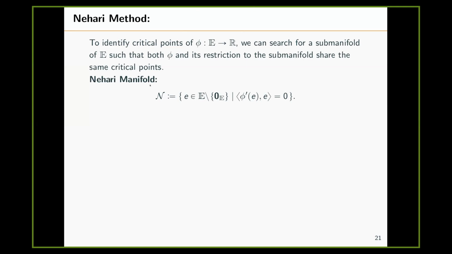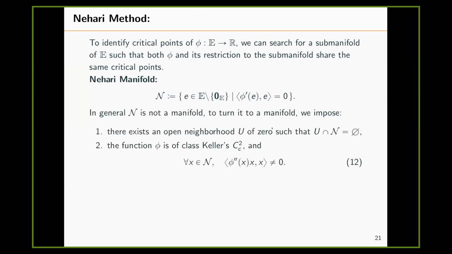Such manifolds are known as Nehari manifolds. This is the set of all non-zero elements such that the derivative evaluated at those elements vanishes. And although it's called the Nehari manifold, this set is not in general a manifold. We impose two conditions on it.